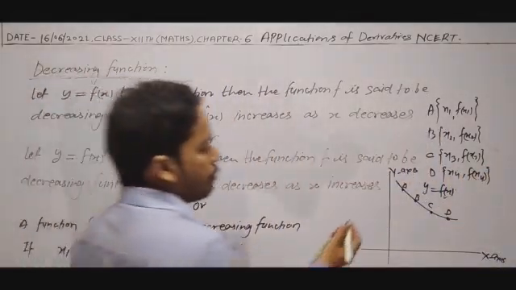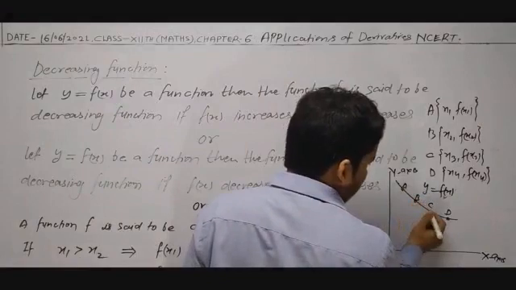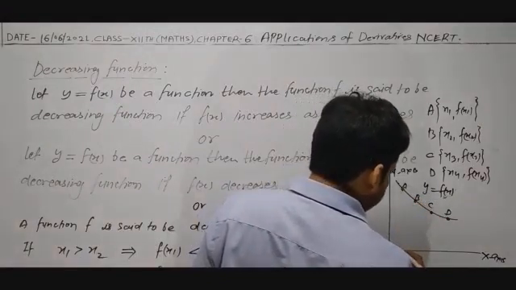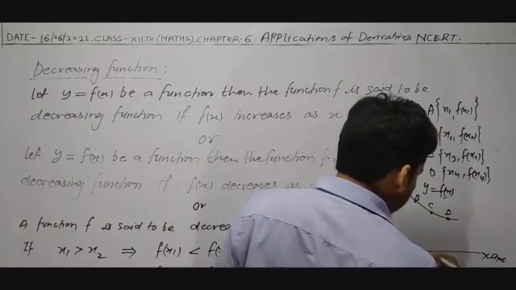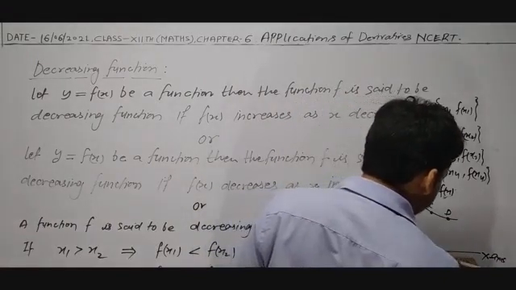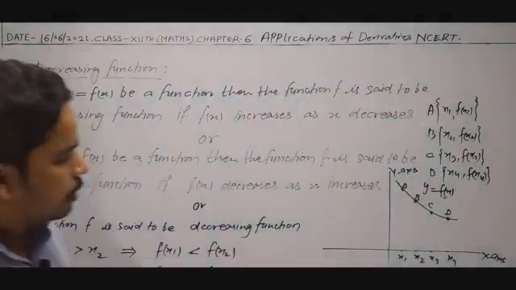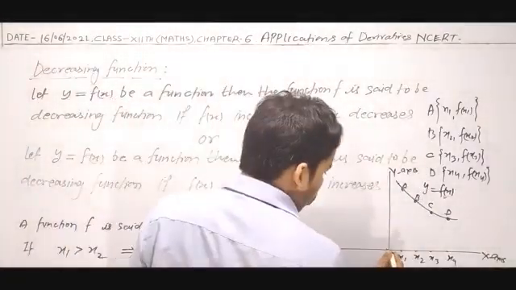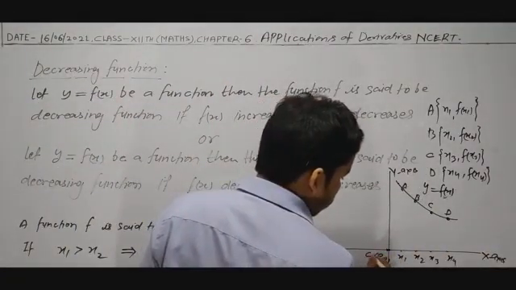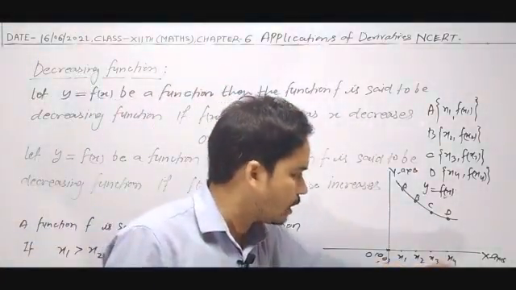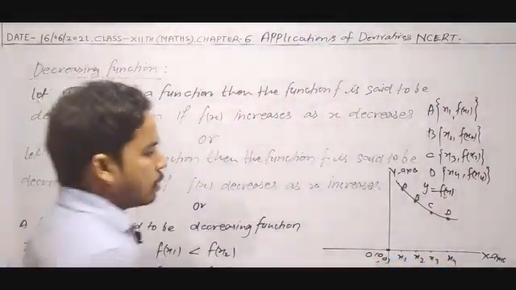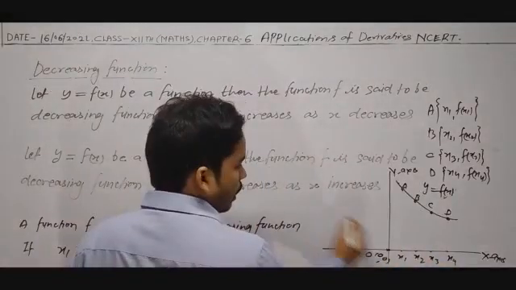And from the graph it is clear that x1 point is here, x2 is here, x3 and x4. With respect to the origin, when you see these 4 values x1, x2, x3, x4, this will be lesser.